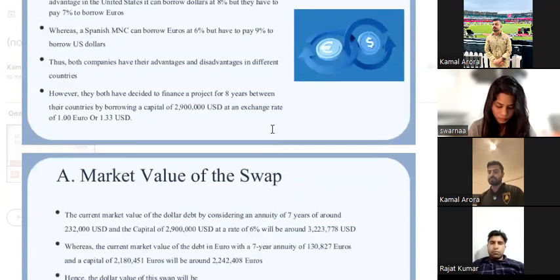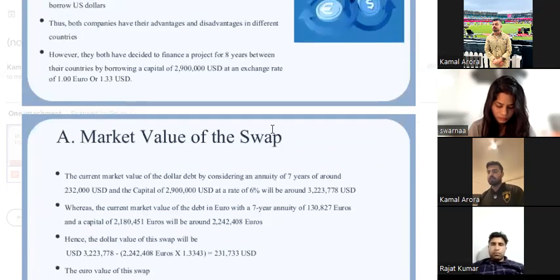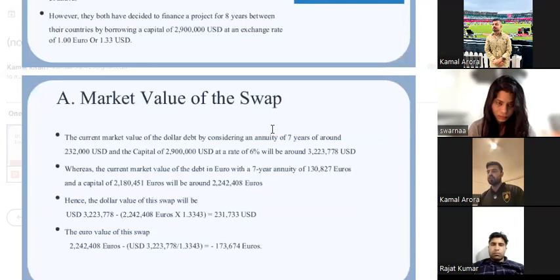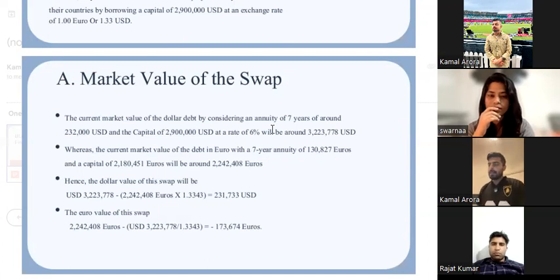So, sir, the first point of case one is the market value of this swap. The current market value of the dollar debt, considering an annual payment for 7 years of around 2 lakh 32,000 USD and capital of 29 lakh USD at a rate of 6%, will be around 2 lakh 32,778 USD.